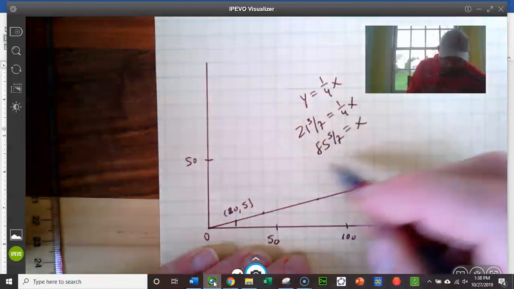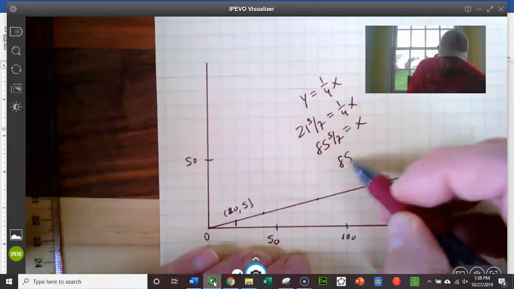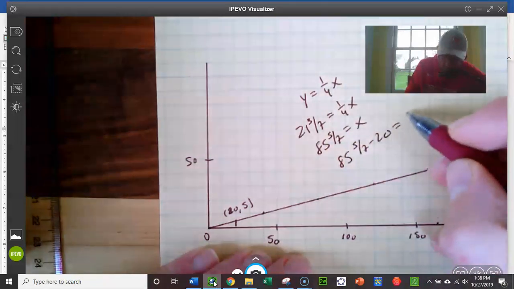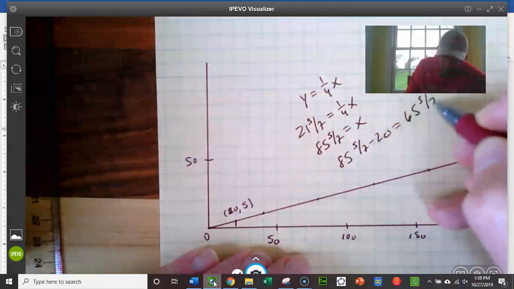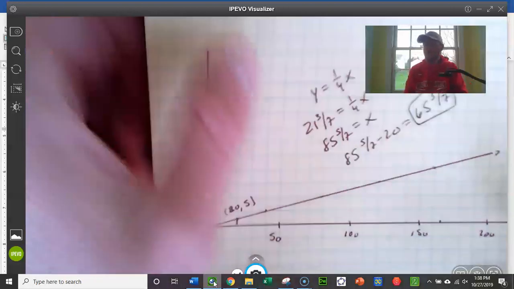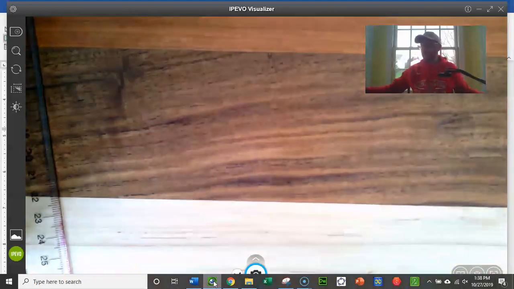And so then we got to subtract the 20 feet here. And that is 65 5/7.